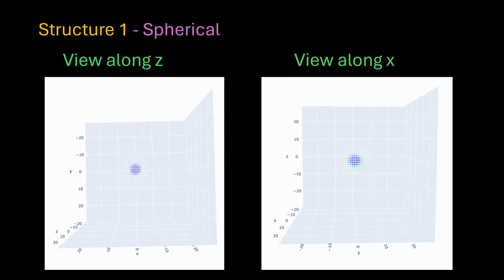Now let's look at the first structure, and we see that it is essentially spherical. Here we look at a view along the z-axis, so looking at the xy plane, and also a view along the x-axis, so a view of the yz plane.